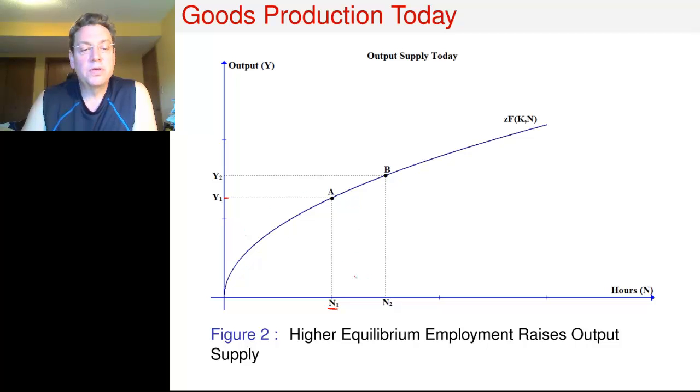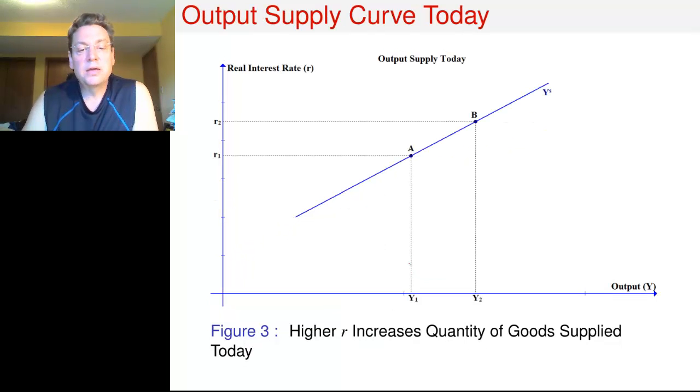Remember that this point A is associated with the interest rate R1. So that gives us one point on the supply curve for goods today: point A, where we have the interest rate R1 and the level of output Y1.